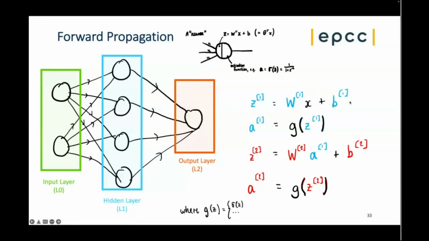It's written in matrix notation in the same way that we did with the linear regression with multiple features yesterday, just to keep it succinct. But the colors here represent the colors of the layers.